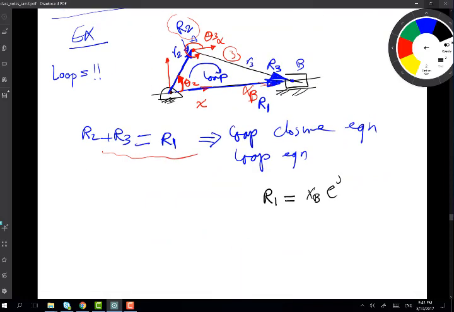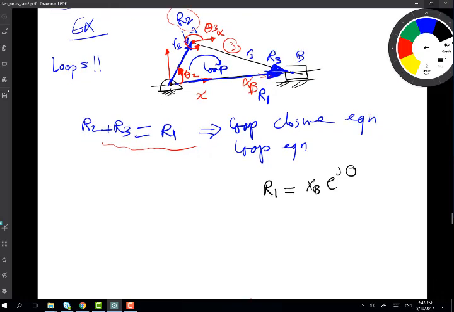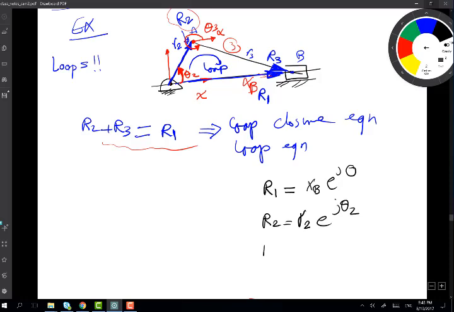Here the angle of R1 is 0, because R1 is always directed along the x direction. For R2, the length is R2 and the angle is theta 2. And for R3, the length is the constant R3, and the angle is theta 3.